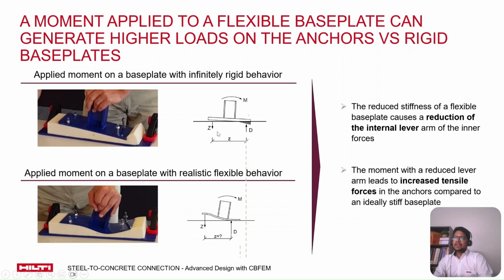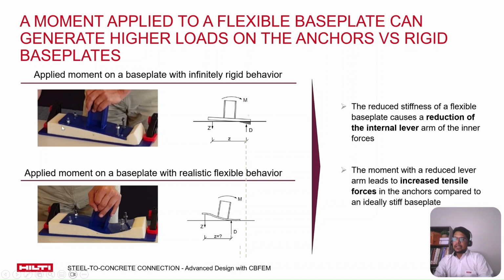To satisfy the equilibrium of moments, which is external moment equals internal moment, the internal moment is calculated as this load multiplied by the lever arm. In the case of rigid, you get the full lever arm because the center of compression lies somewhere here.